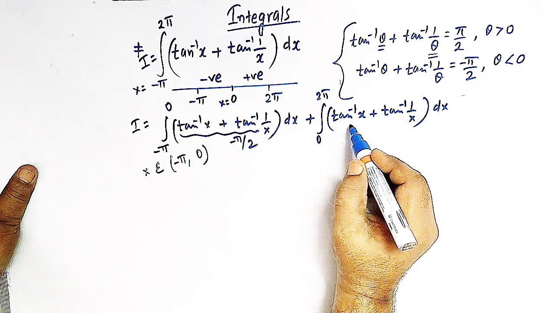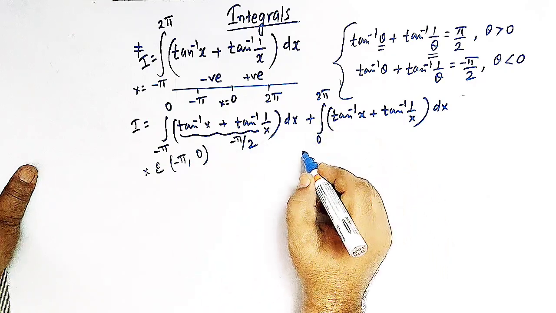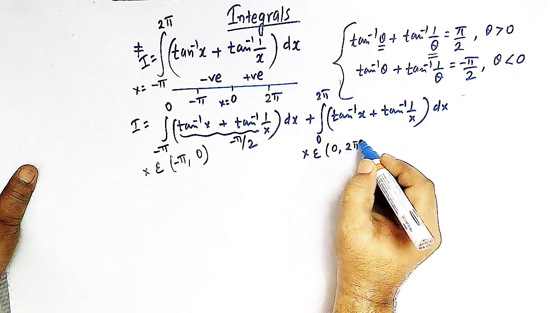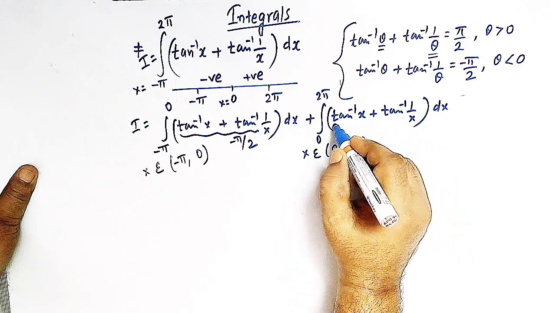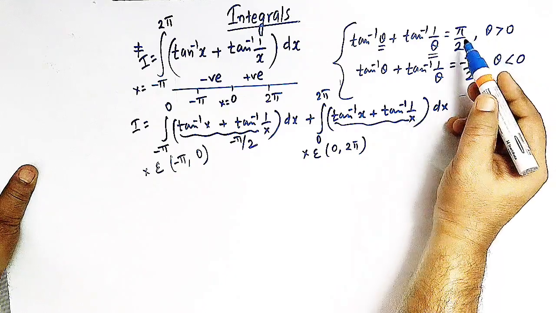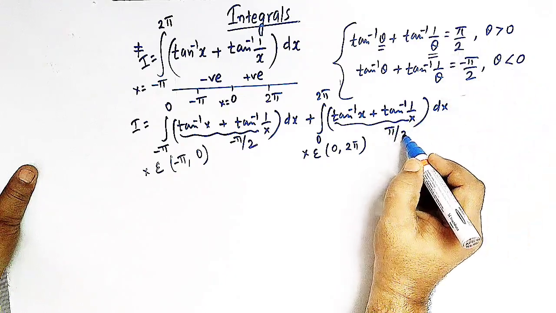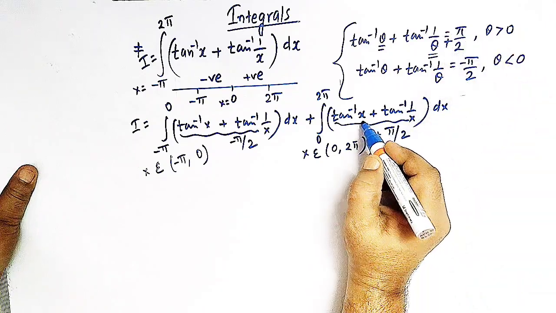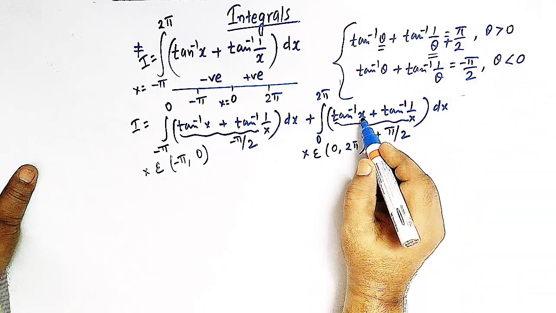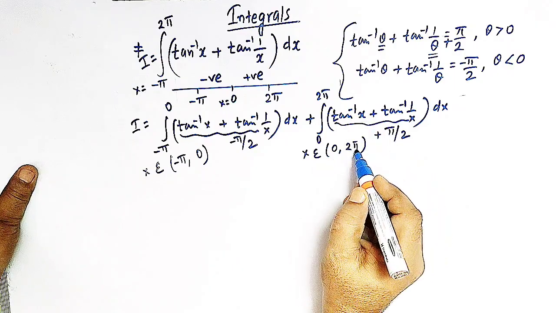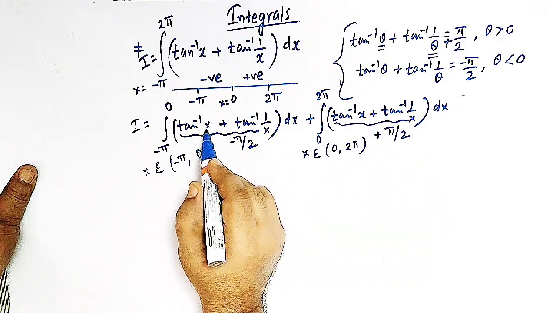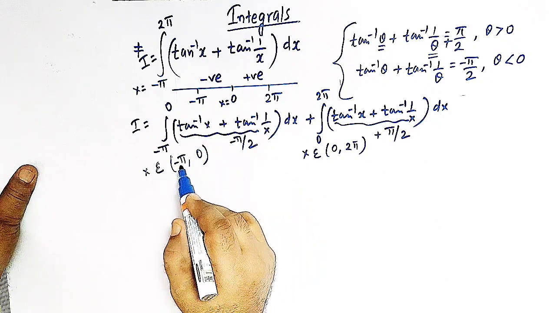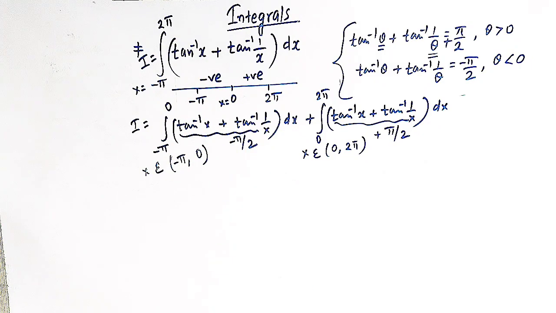Similarly, when x belongs to the interval 0 to 2 pi, the value of this expression is positive pi by 2, because all these x are positive in the interval 0 to 2 pi.